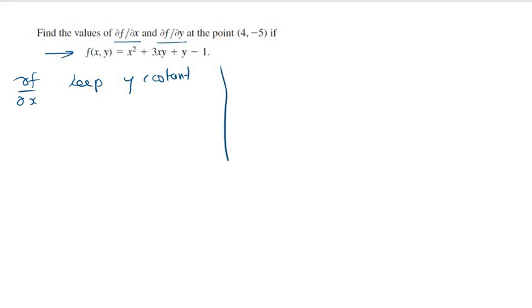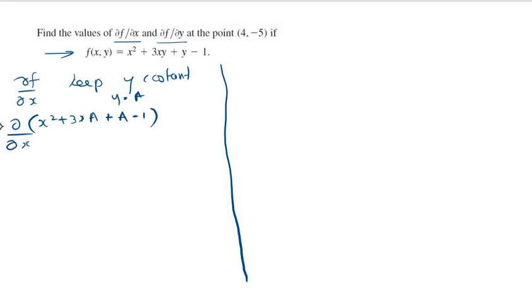So let's write this again, partial derivative with respect to x, and f would be x squared plus 3xa, if we say y is equal to a, plus a minus 1. That's your function. Now since it is a function with respect to x, it's easy to differentiate.